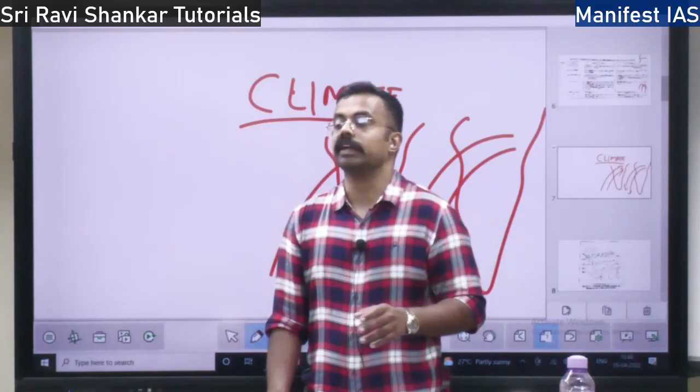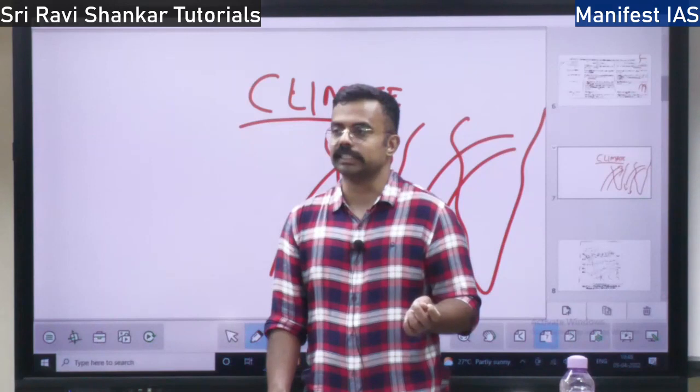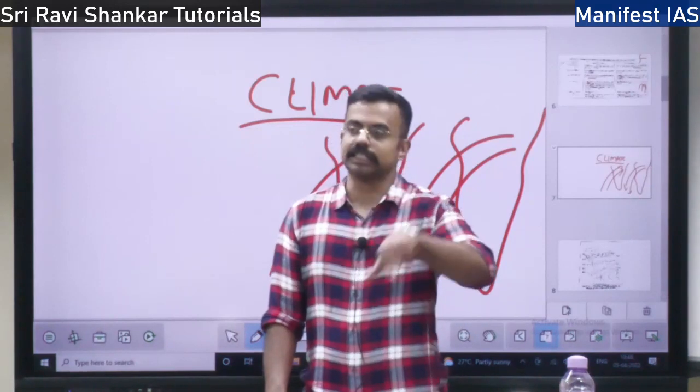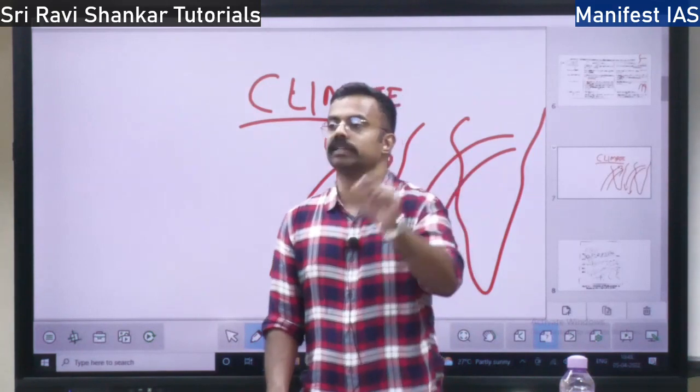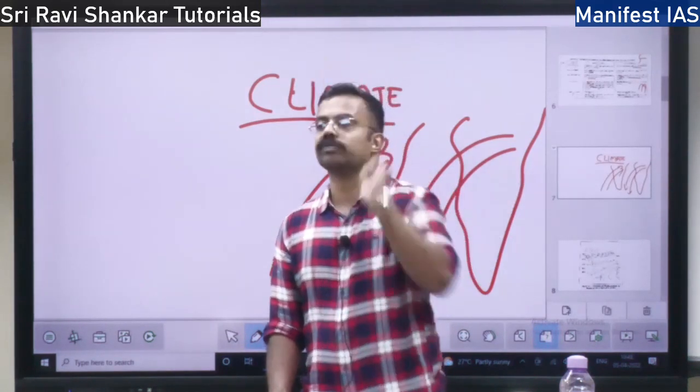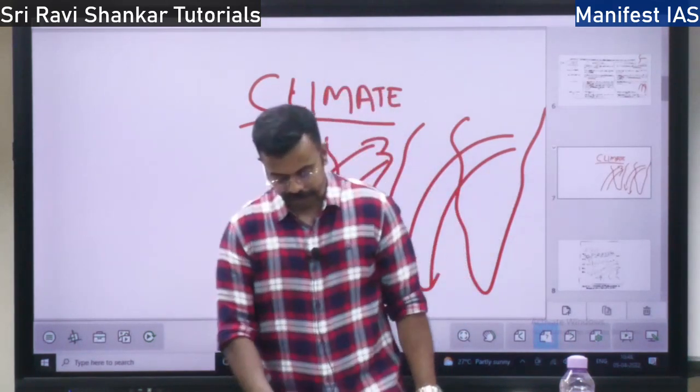Leh, Ladakh is having minus 45 degrees Celsius. Even though we say it is a monsoonal climate, see the extremes, 55 degrees, minus 45 degrees. This is the regional variation.